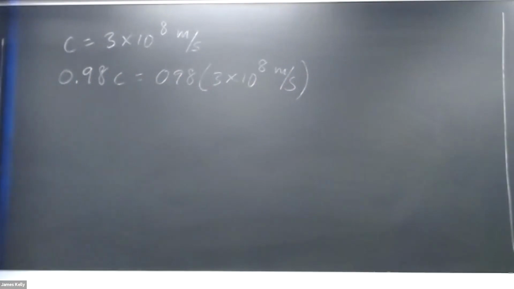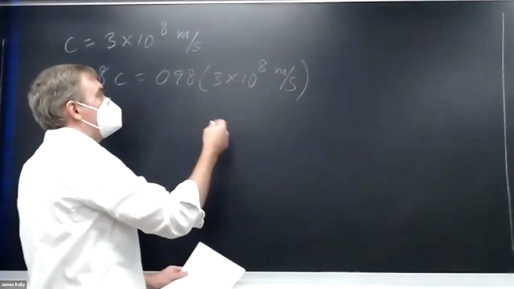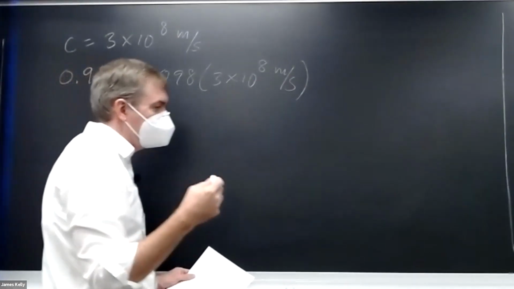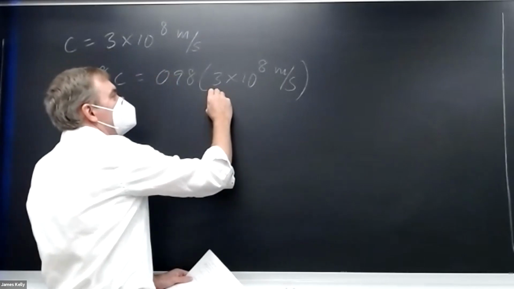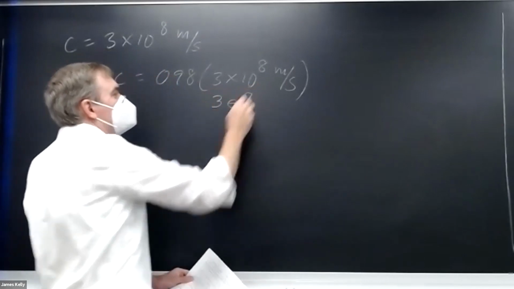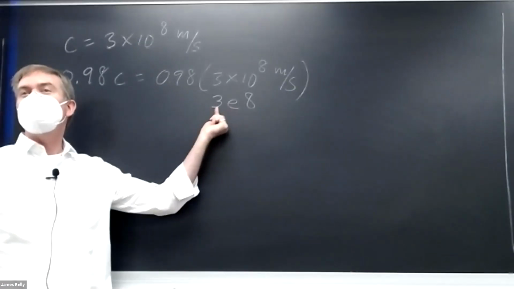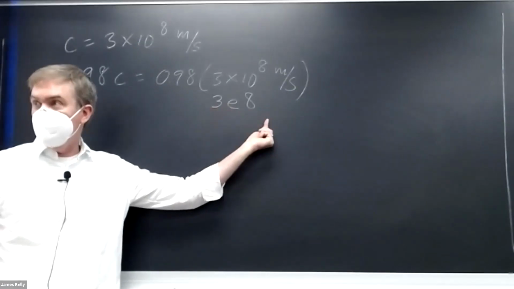The only question is whether you know how to put that in your calculator. It depends which scientific calculator you use. People will often write this as 3E8, in computer language or calculator language. That E usually means times 10 to the power, so this is 3 times 10 to the power 8.